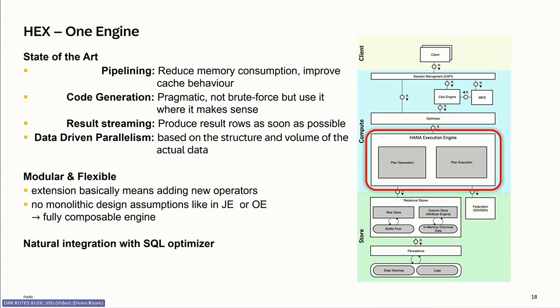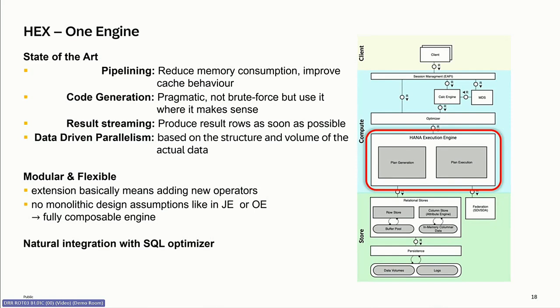But we try to push the envelope even further, and this is what code generation allows us to do. So we use code generation as well, but we don't brute force it on everything, just use it where it makes sense, for example, expression evaluation. And we will see a little later on how we use it.